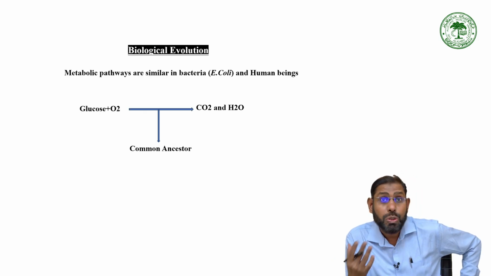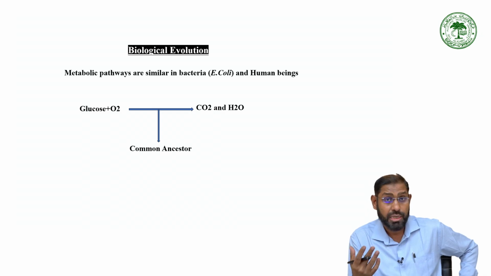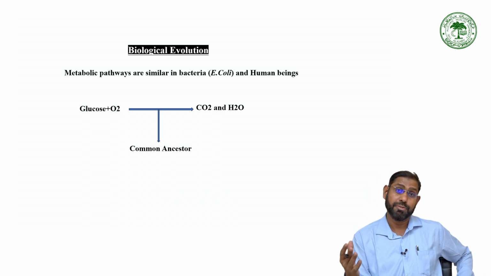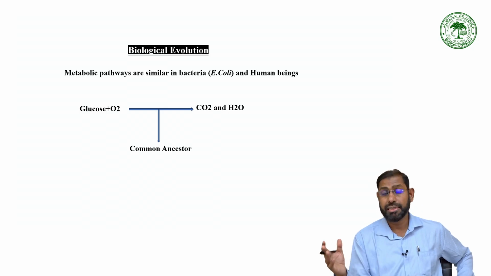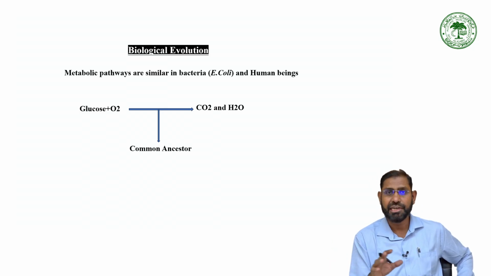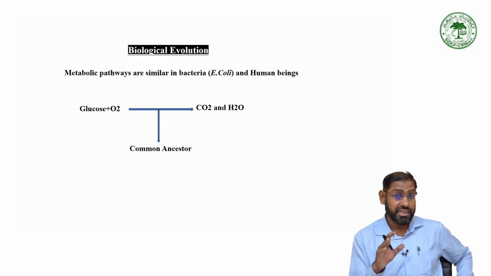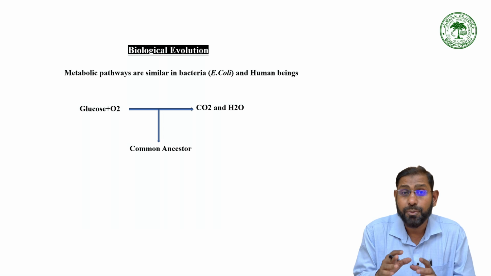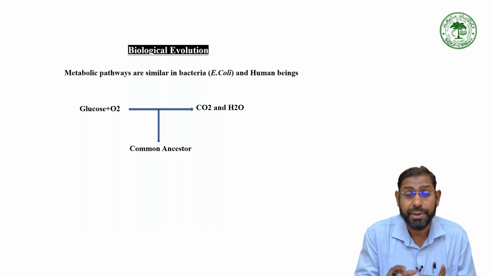The biological evolution. What is biological evolution? We have already explained diverse kinds of organisms, from bacteria to elephants and human beings. They are all diverse and survive in different environments. But it's very interesting to know that their metabolic pathways are very similar if we compare them with bacteria.